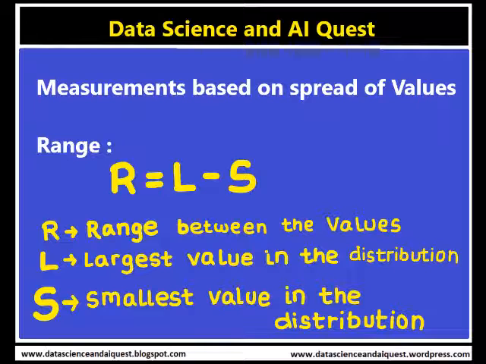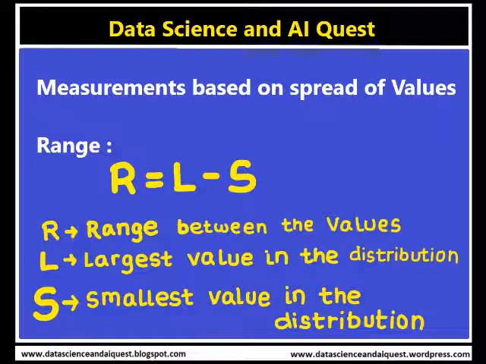Range, denoted by R in this example, is the difference between the largest value, denoted by capital L, and the smallest value, denoted by capital S, computed over the entire distribution of the data.